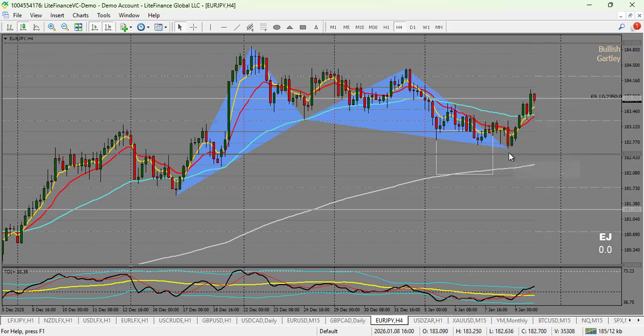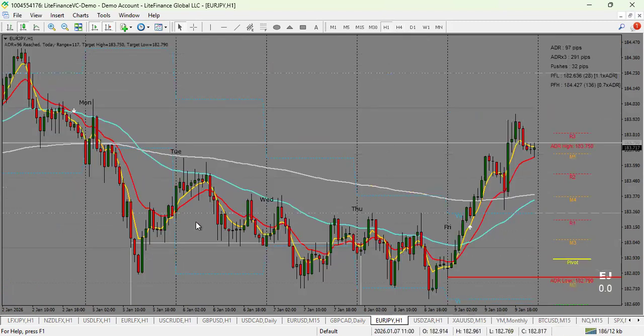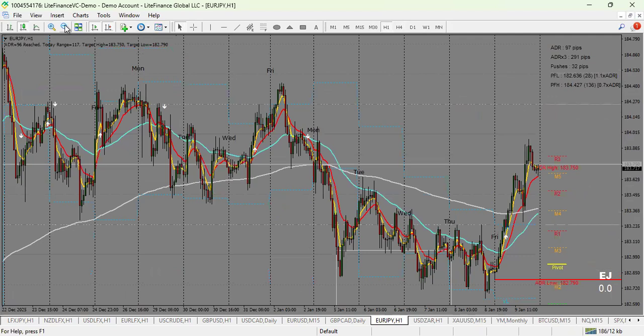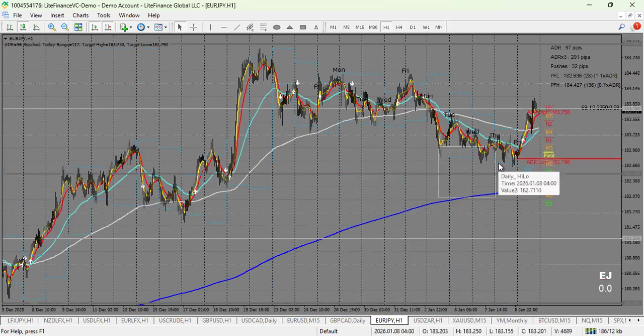I was expecting the market to reach this area here, the large quarter point, and reverse, but it reversed around the undershoot area, just 25 pips from the large quarter point.